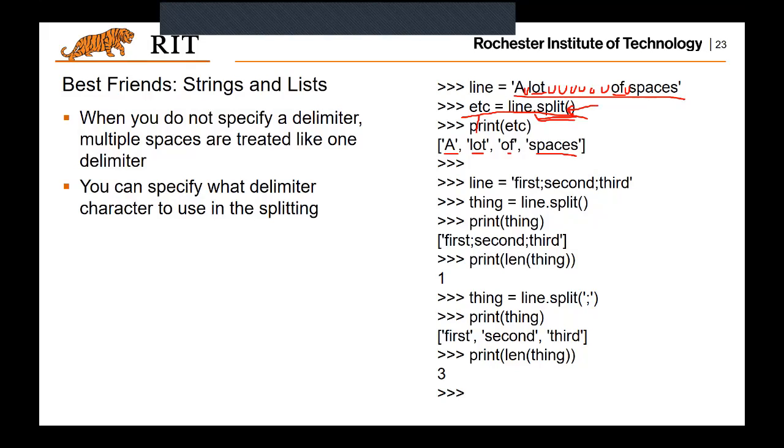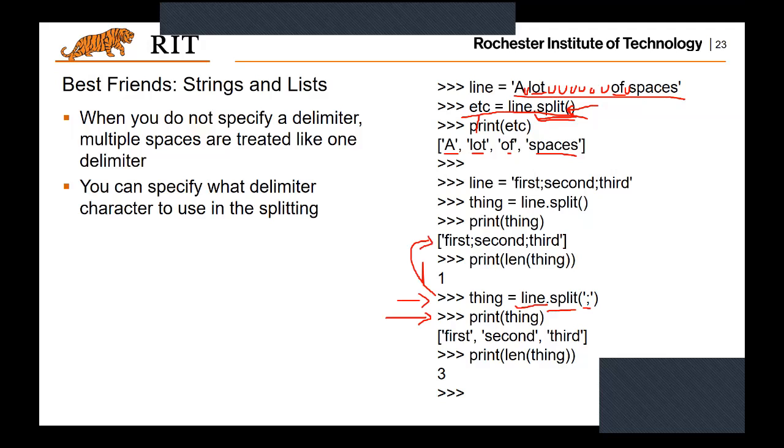For example, in this case, if you want to put the semicolon here as the delimiter and use the split function to split this original line, it should be this one: first, second, third, separated by the semicolons.